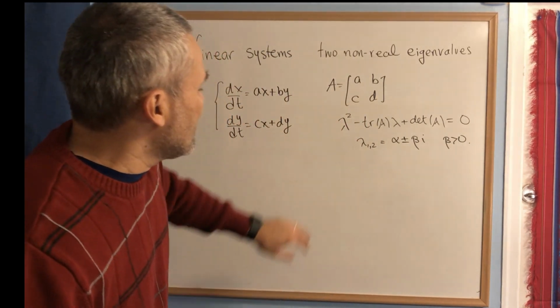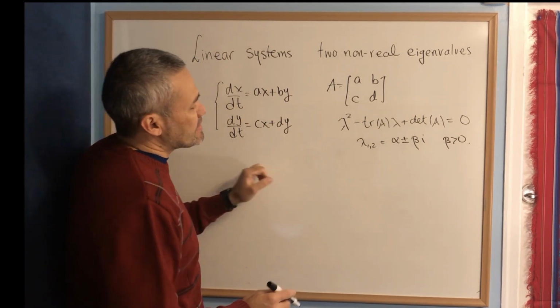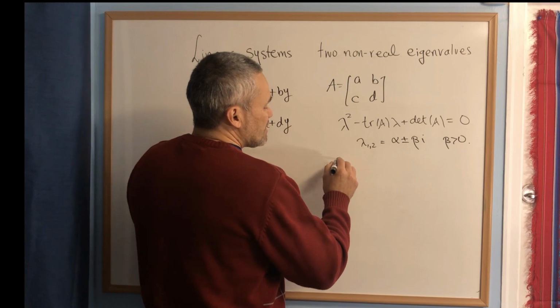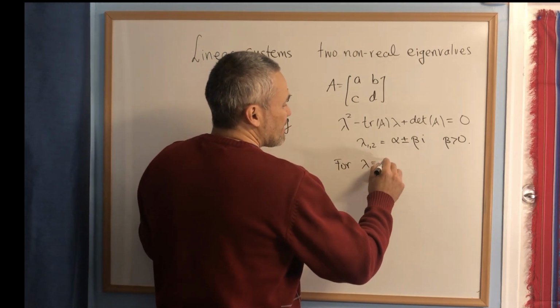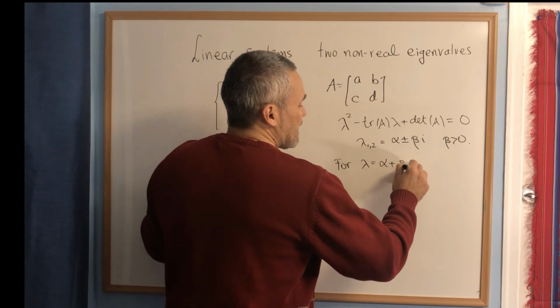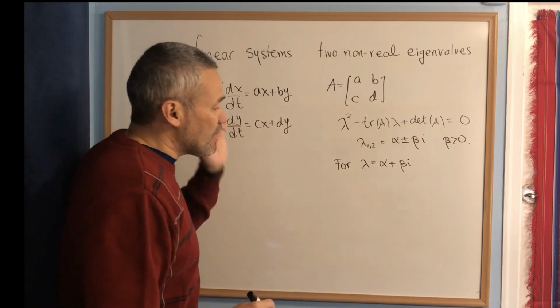Then what do we do? Once we realize that we are in this case, we need to consider this eigenvalue, lambda equal alpha plus beta i, with beta positive. You just pick one. And then we compute the eigenvector.